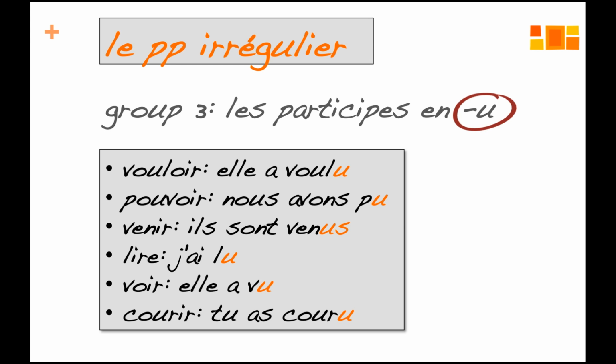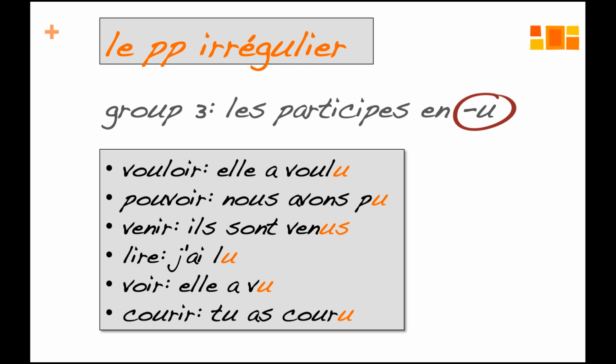Now, we have got 6 important ones, and then there's another page with 7 more. Vouloir, pouvoir, venir. Lire, voir, courir. Vouloir, to want. Elle a voulu. She wanted. Pouvoir. Nous avons pu, we could.